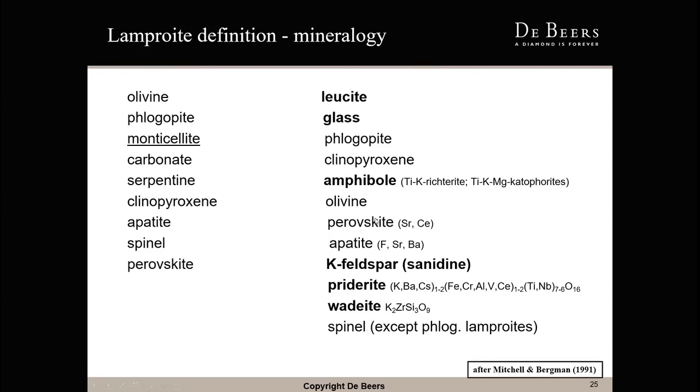You'll notice there are some that occur in both, the perovskite, the apatite, etc. But note that the compositions are actually quite distinct. The apatite in the lamproite is very fluorine-rich, strontium, barium. Same for perovskite. The amphiboles are very titanium-rich. The phlogopite compositions are also different. So although the minerals are showing the same names, compositionally they're very much different.